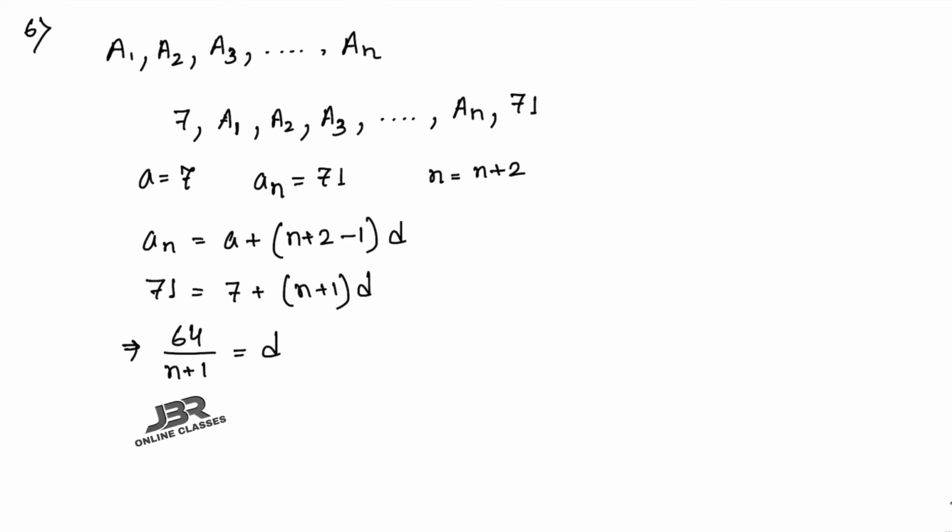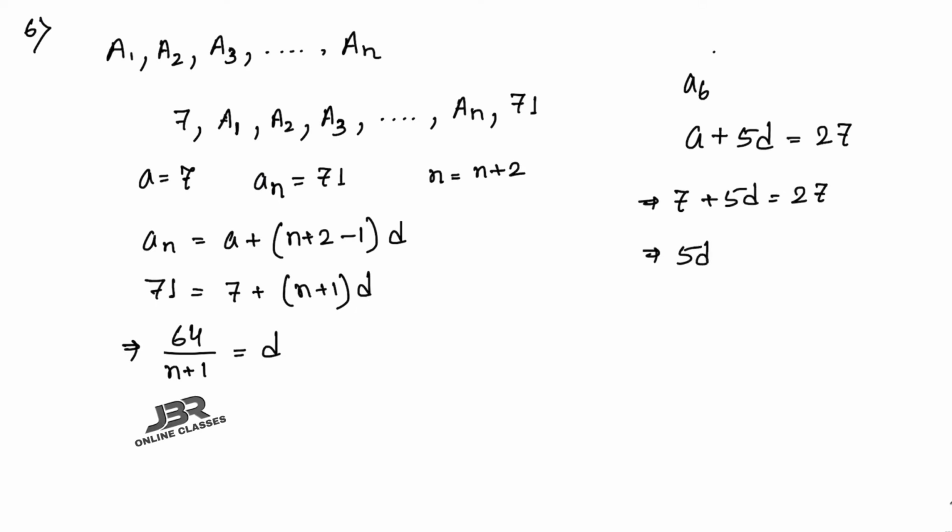Now the next thing, it's also given the fifth AM is 27. So fifth AM, that means including the first term, it will be a6. So a6 is a plus 5d, that equals 27. So a is 7, so 7 plus 5d equals 27.